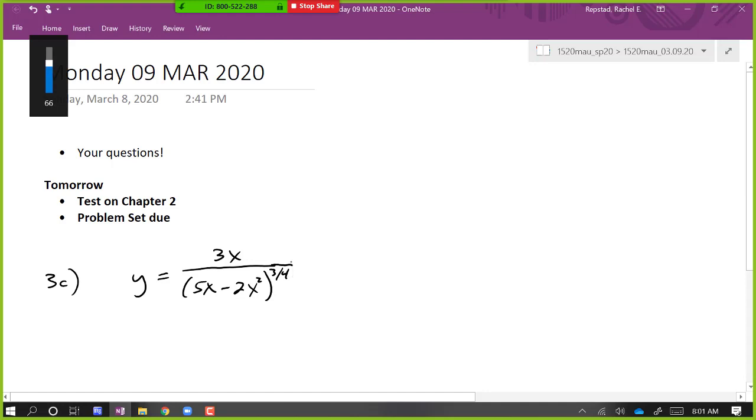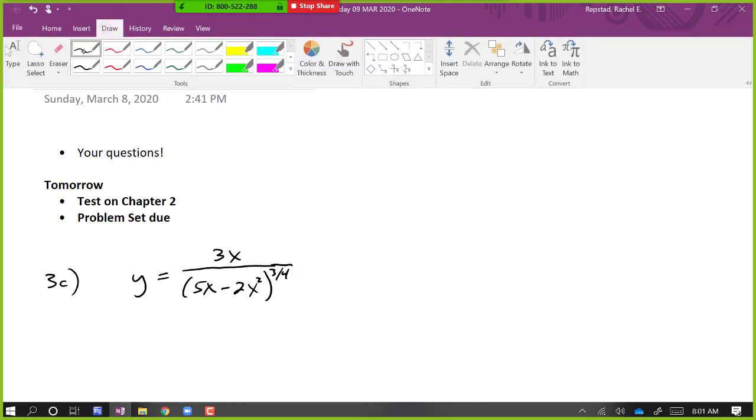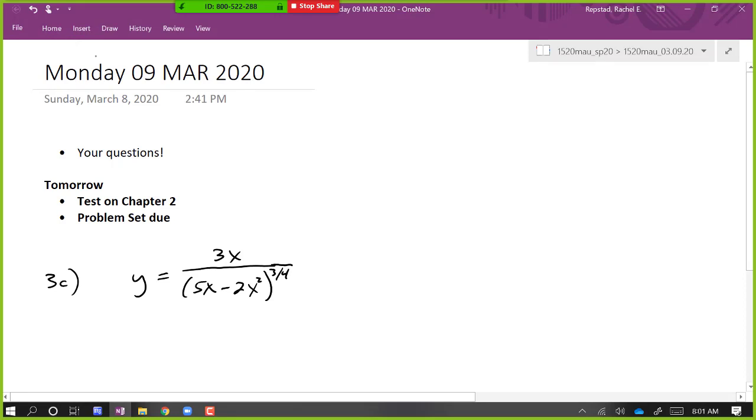Make it power rule friendly and take the first derivative. We couldn't, you're talking about bringing this up as a negative 3/4 power. I don't know in this instance that makes it any more friendly. It's allowed and you'll get the same correct answer, but notice that there's an x on top. We don't just have a constant.